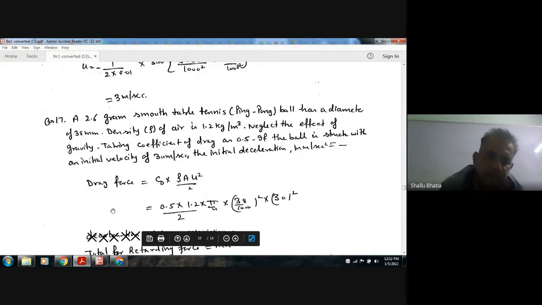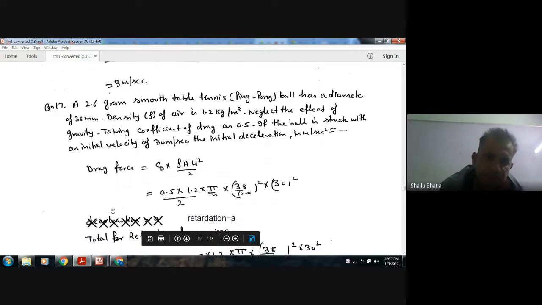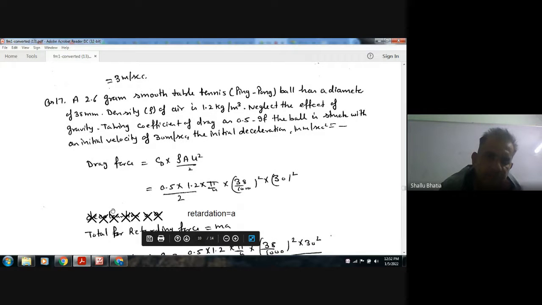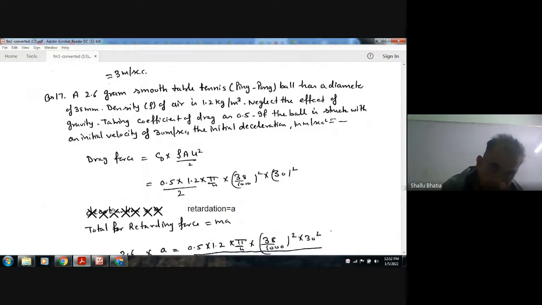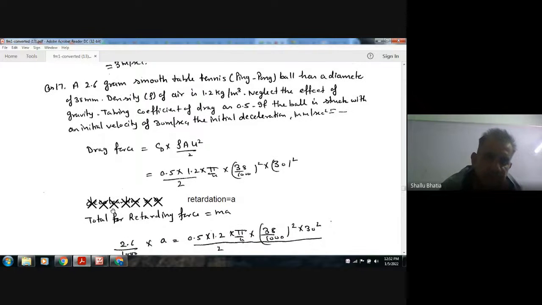Next, a 2.6 gram smooth table tennis ping pong ball has a diameter of 13 mm. Density of air is 1.2 kg per meter cube. Neglect the effect of gravity, taking coefficient of drag as 0.5. If the ball is struck with an initial velocity of 30 meter per second, find the initial deceleration in meter per second square.